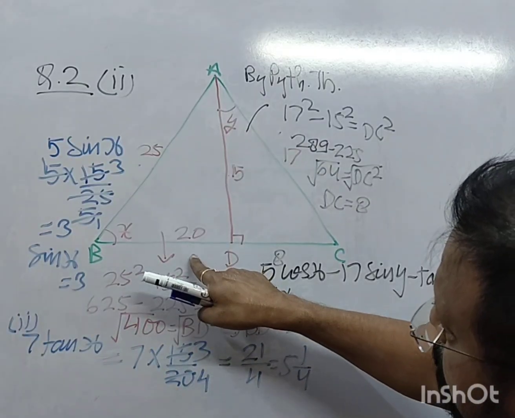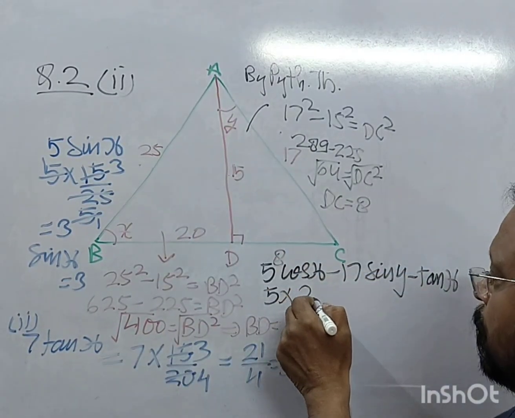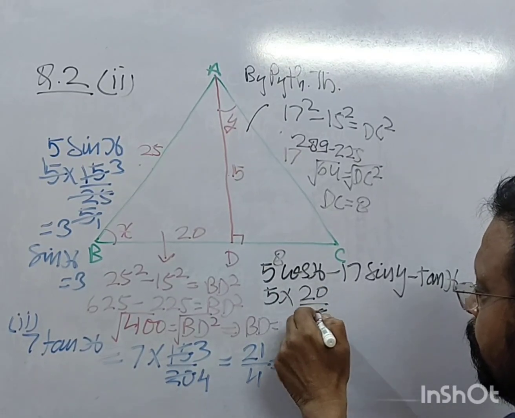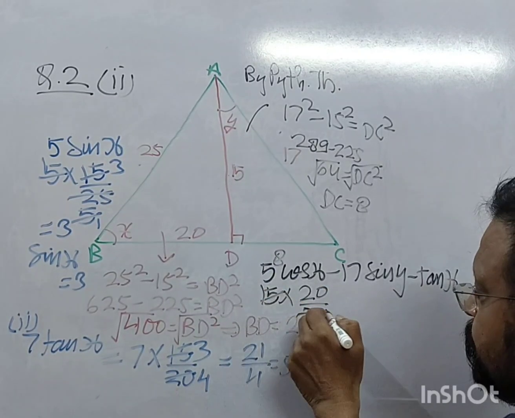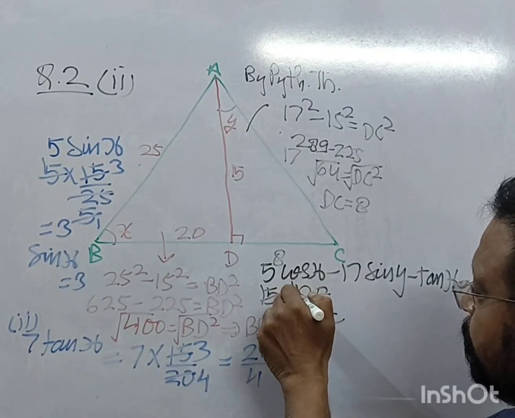Base upon hypotenuse. So 20 upon 25. Right? 5 times 5 becomes 25. 4 times 5 becomes 20.